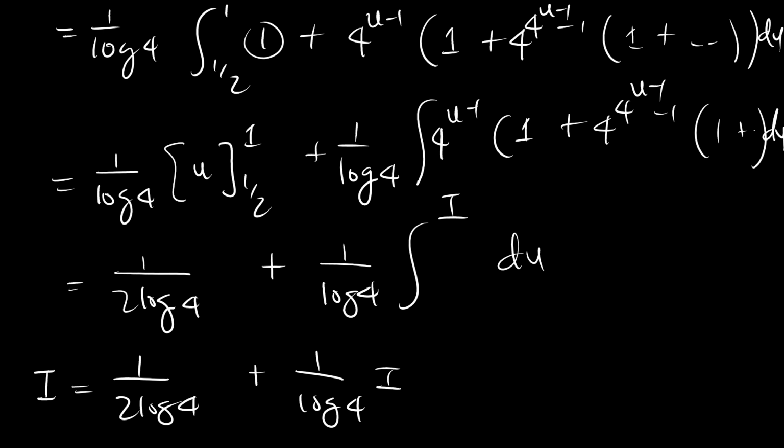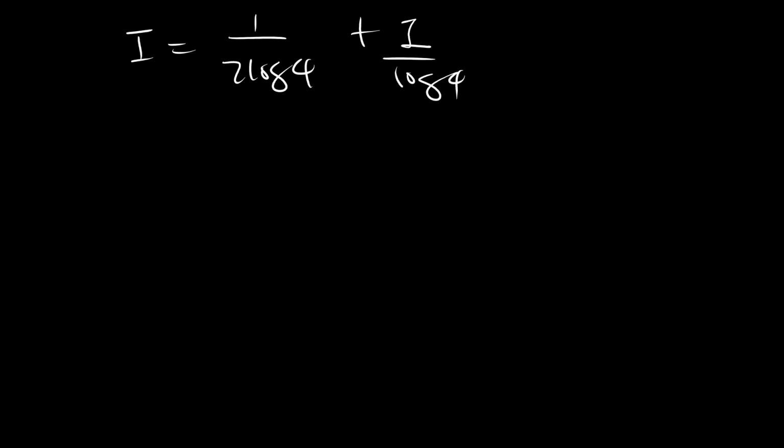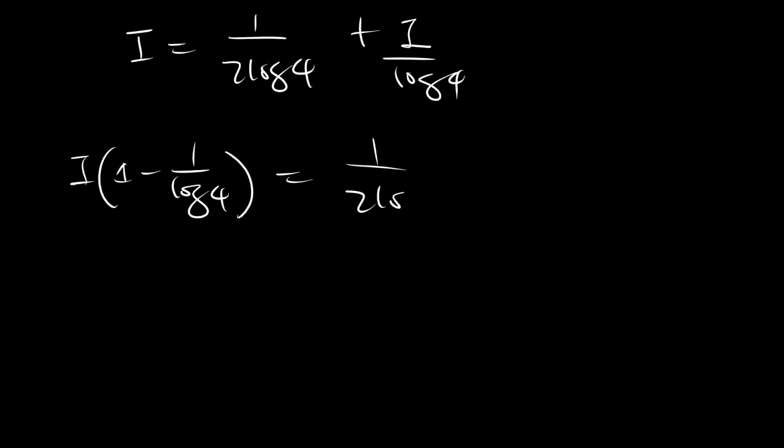So how we came to have I is: we have 1 over 2 log 4 plus I over log 4. So I times (1 minus 1 over log 4) is equal to 1 over 2 log 4.